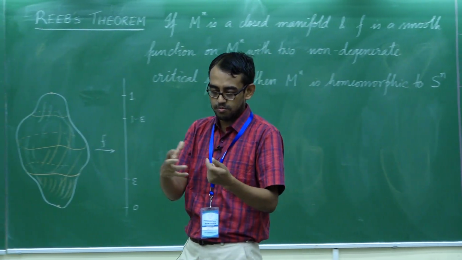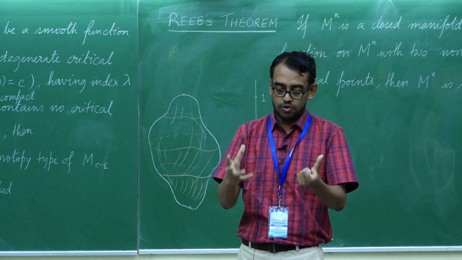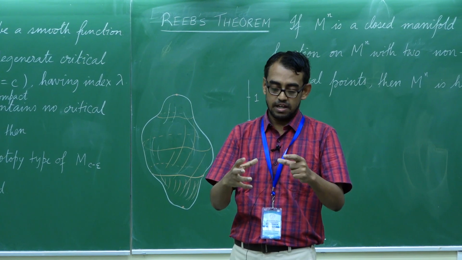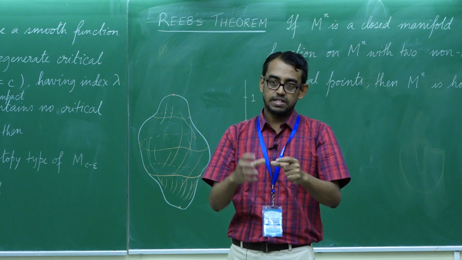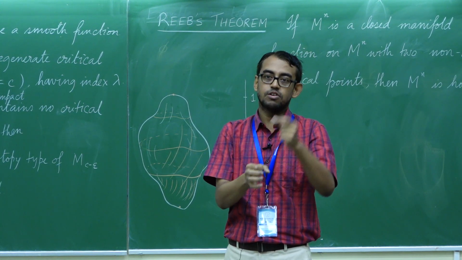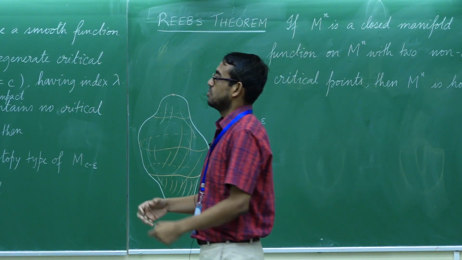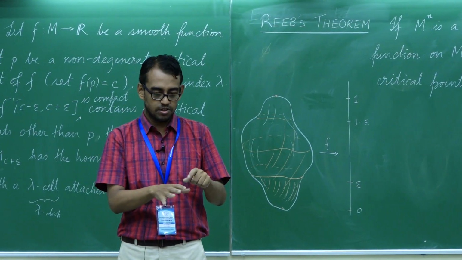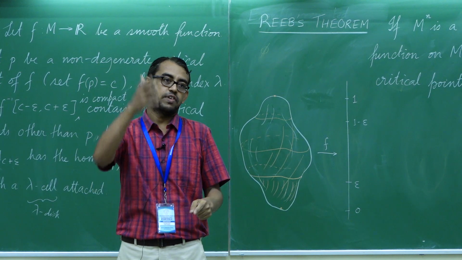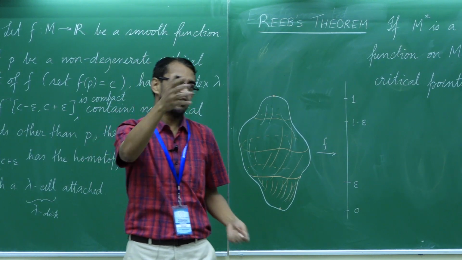For those of you who know bundles, fine. If you don't, then you say that a space is a bundle over B with fiber F simply means that the space locally looks like B cross F. So if you have seen tangent bundles, the tangent bundle is an example of a bundle because the base is the manifold M and the fibers are the tangent spaces, which are R n.